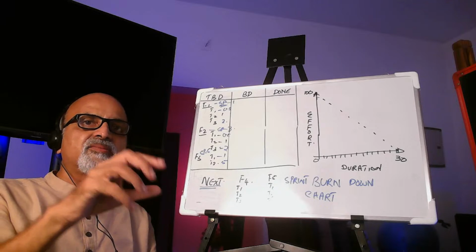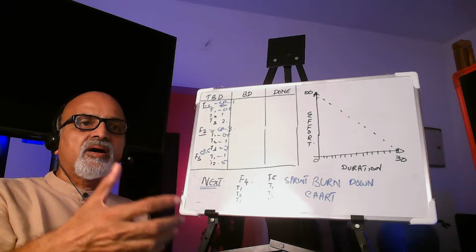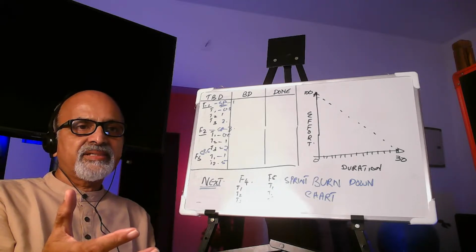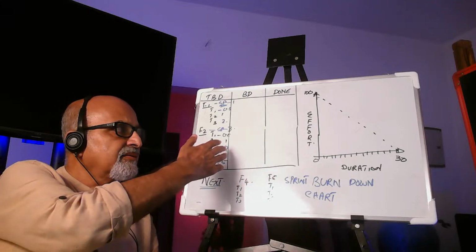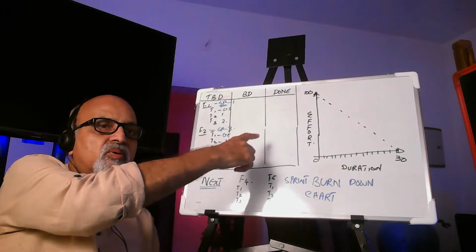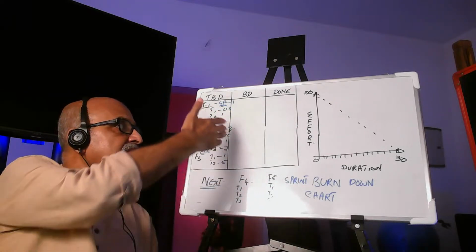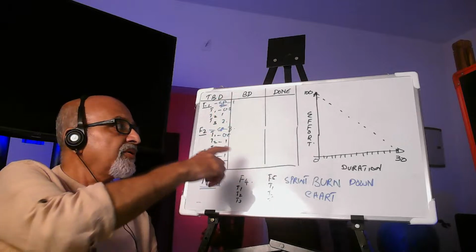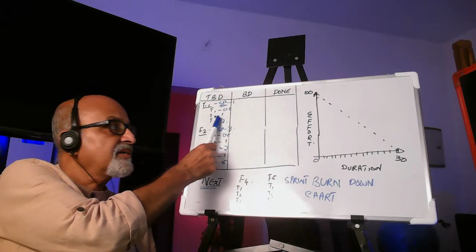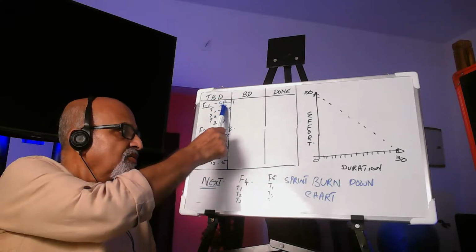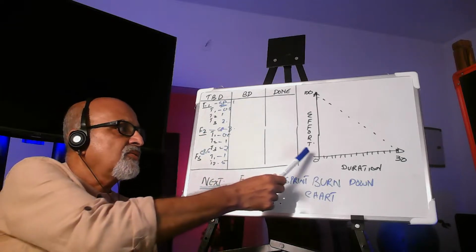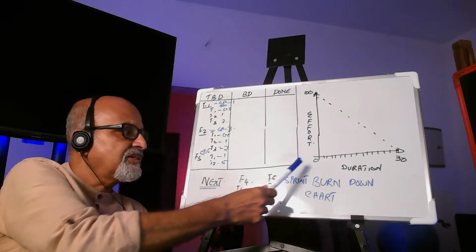The title of this video is what are the outputs of a sprint planning meeting. One is a tracking board with three columns: to be done, being done, and done. Then features, their story point, activities, their effort. A cumulative effort of these activities will go on the y-axis of the burn down chart.